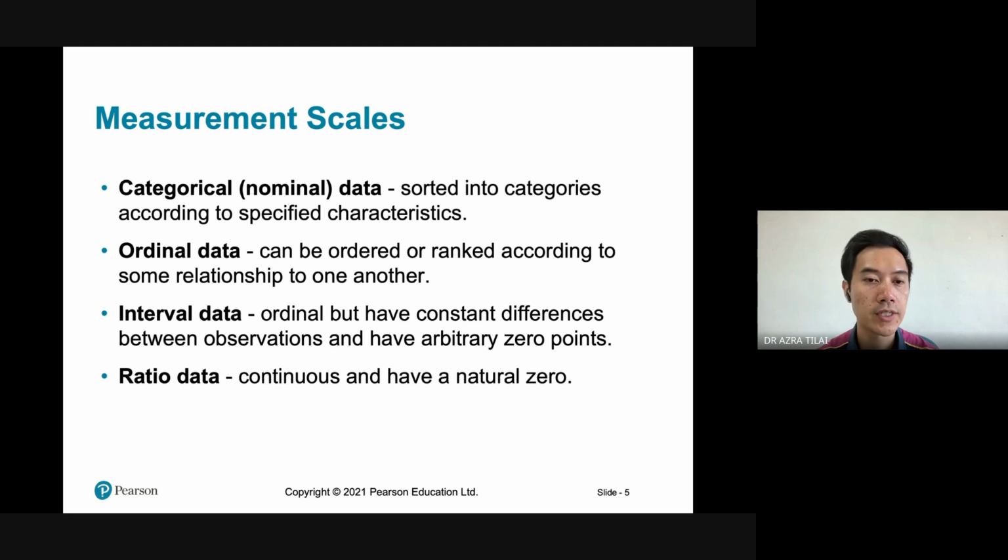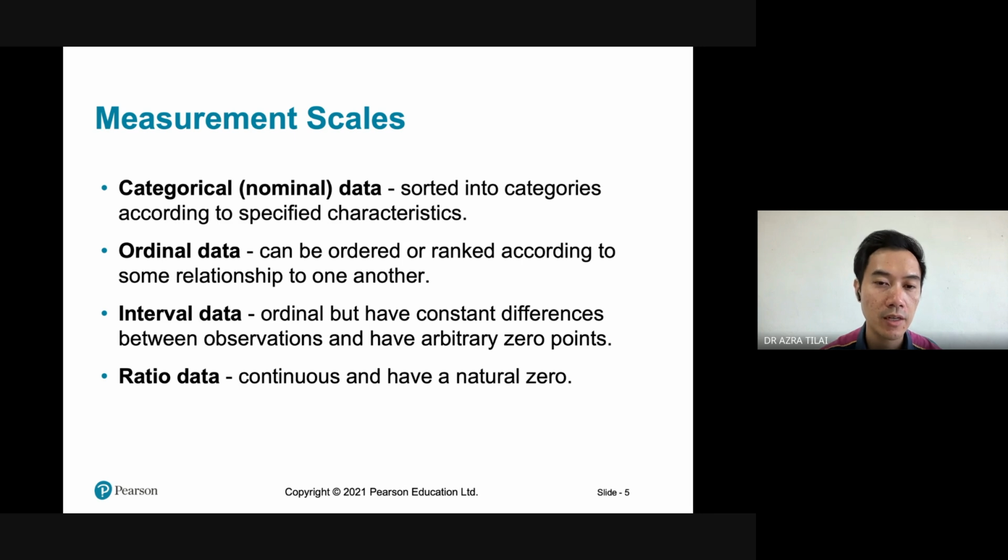If you're using a Likert scale from 1 to 7, ordinal data will be measured that way. Strongly agree will be labeled as 7, strongly disagree will be 1, and neutral will be around 4. So that is what ordinal data means.